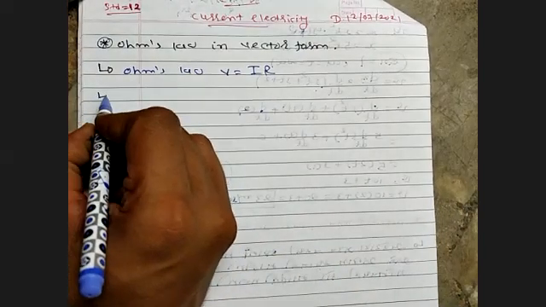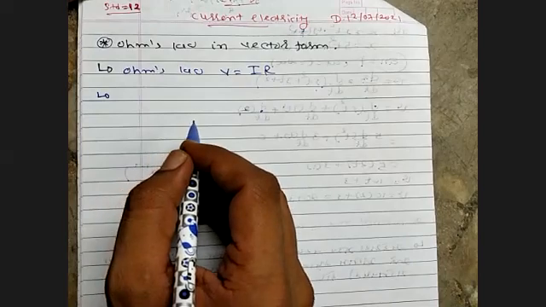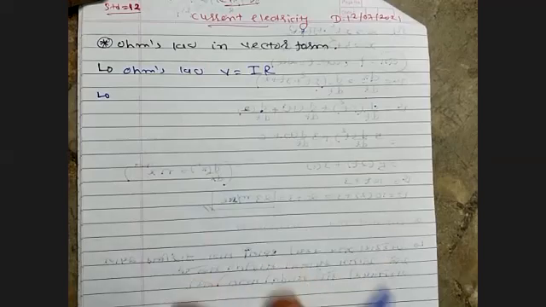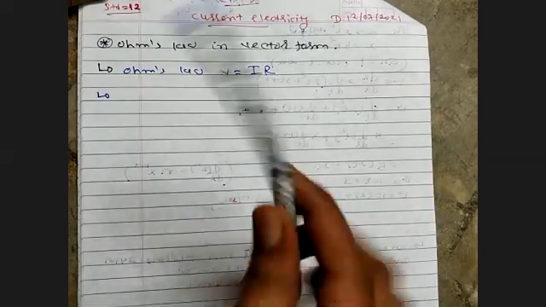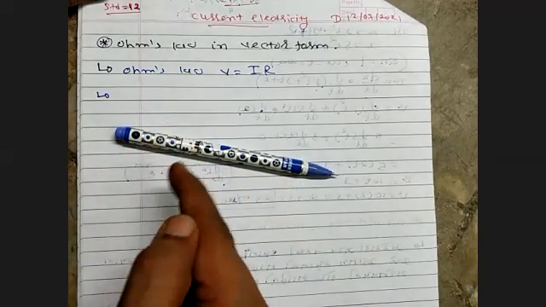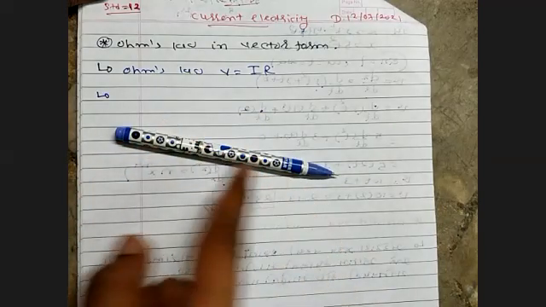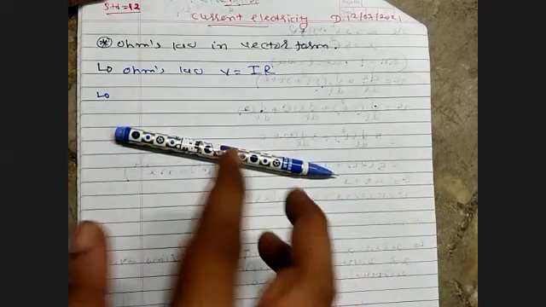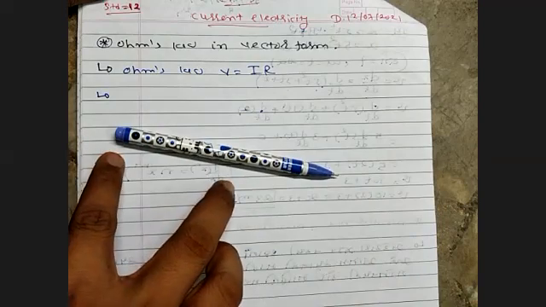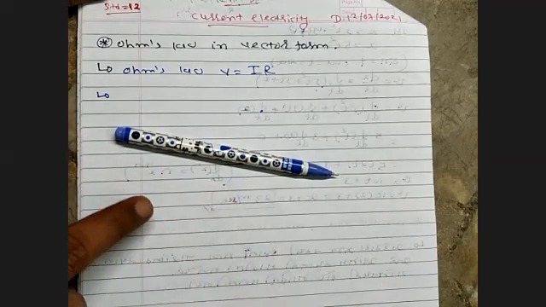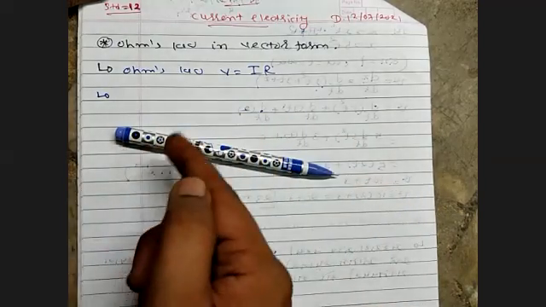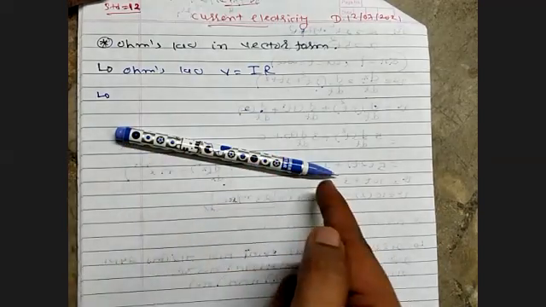See how. First of all, understand the definition of current. What is the definition of current? In that definition, we see that suppose this is the conductor. In this conductor, through any cross section area, the current flows, meaning the charge flows from any cross section area of this conductor.